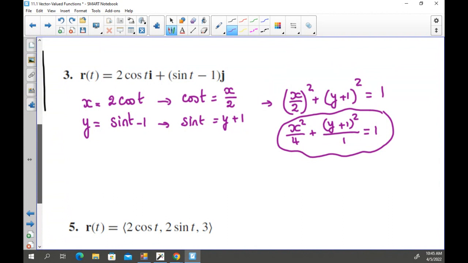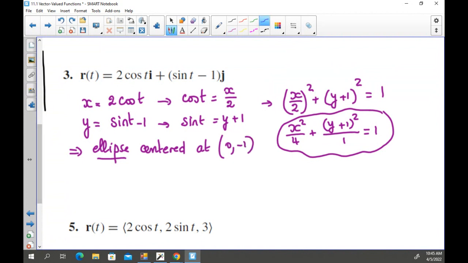Now this is an ellipse but the center of this ellipse is not 0, 0. It is 0, minus 1, yes. So this ellipse will be centered at the point 0, minus 1. So basically, what you will get is the center is here, 0, minus 1.